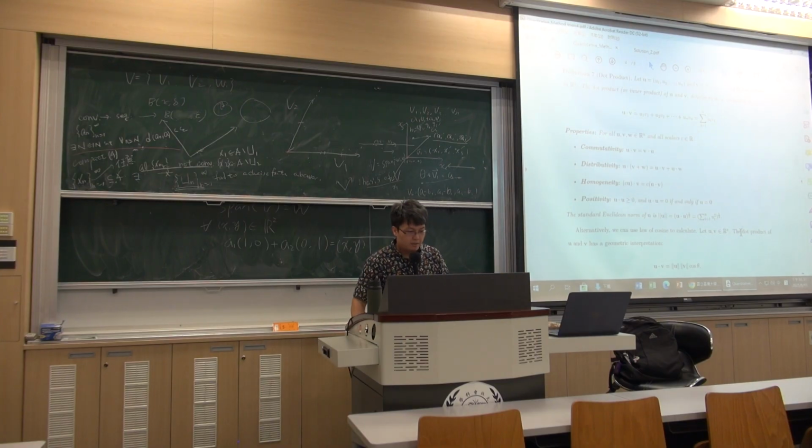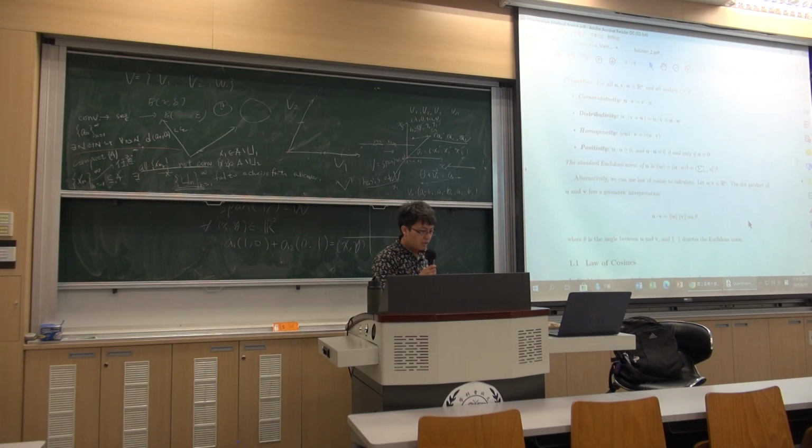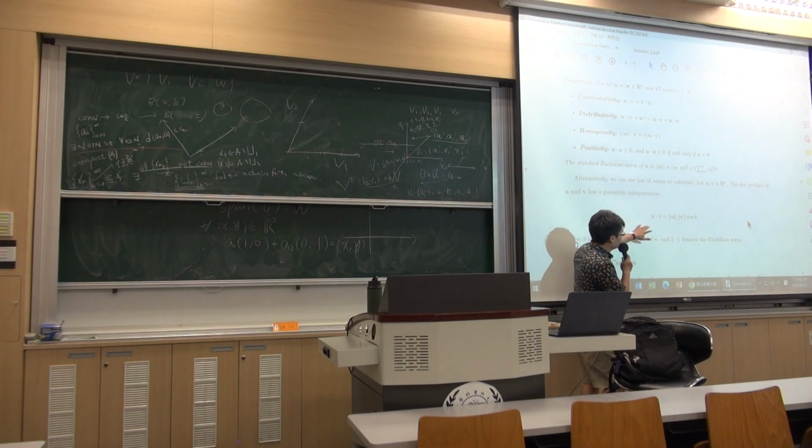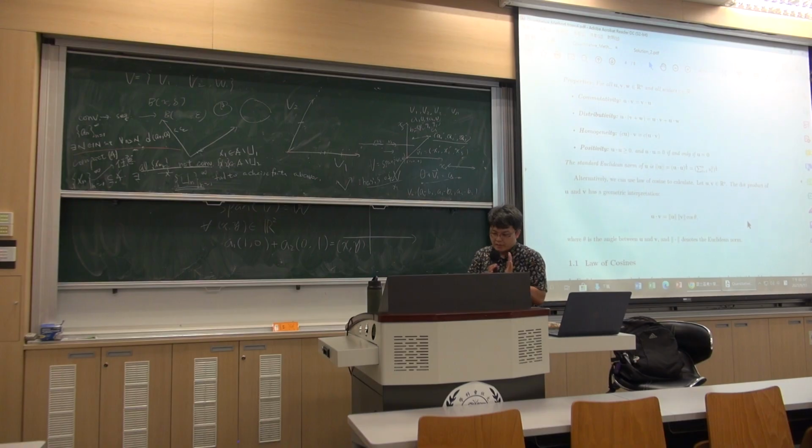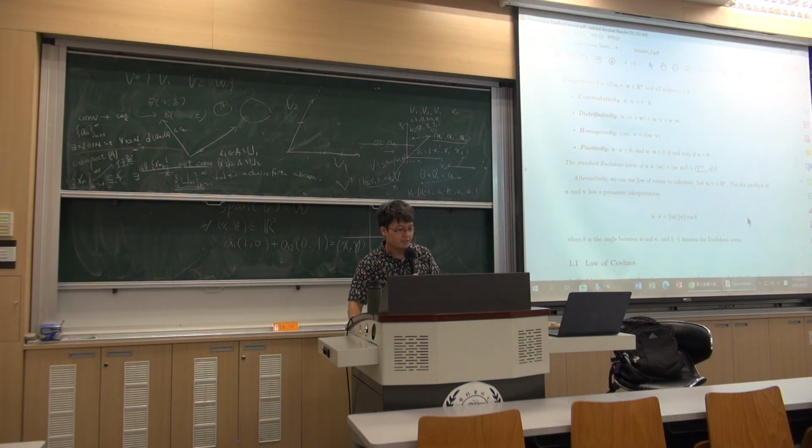Alternatively, you can calculate the inner product by multiplying the lengths of these two vectors and also the cosine of the angle between them.